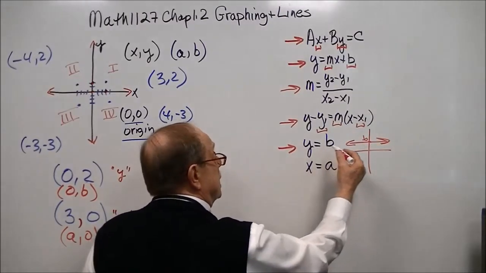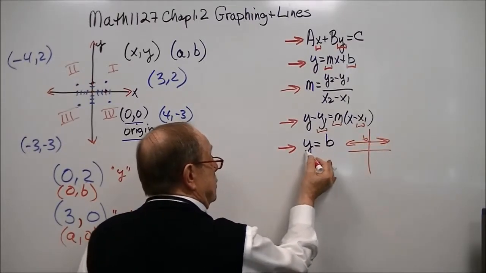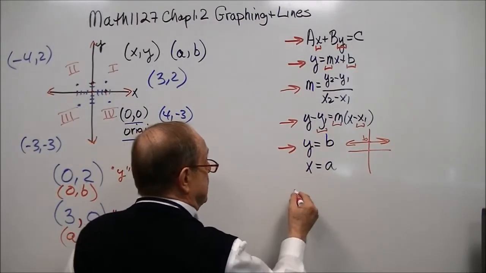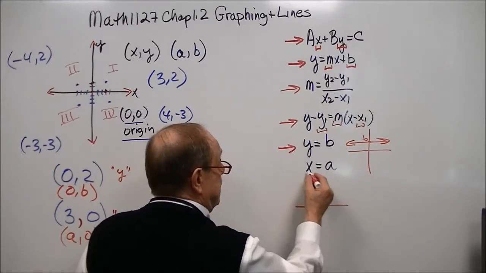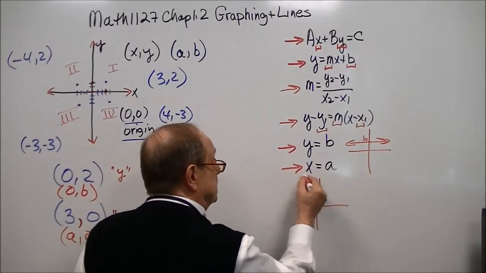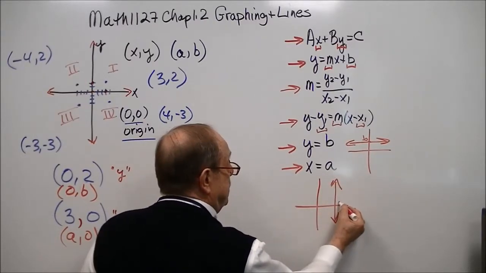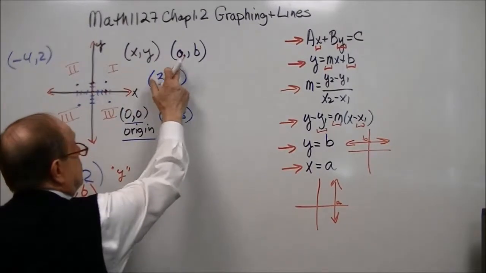It's where a line will cross the y-axis. So horizontal line is in this form. Now this one is another special one where it's a vertical line going through point A, which is the x-coordinate.